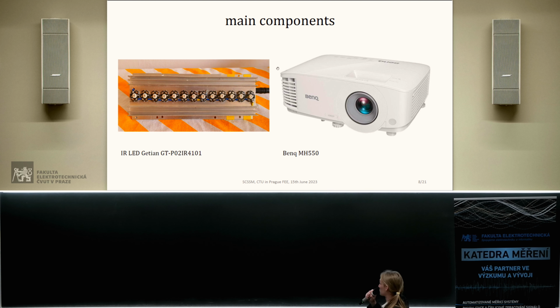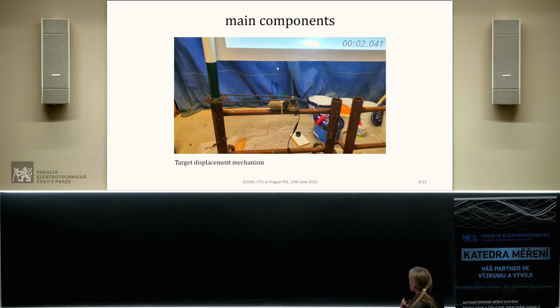The reflector we can see on the next photo is made from 13 powered infrared LEDs, and each LED has 1 watt and 400 milliamps, and I used a normal data projector. The last component is a base for the target with a motor for rolling the paper, and it's a motor from car wipers.